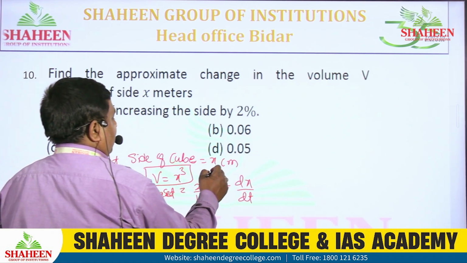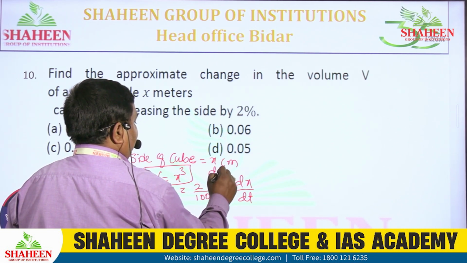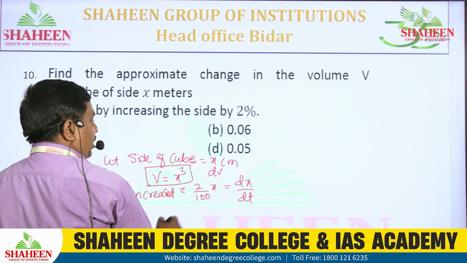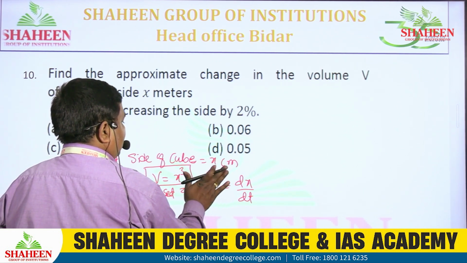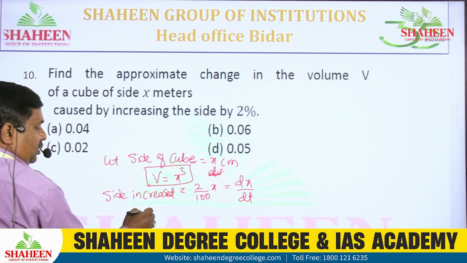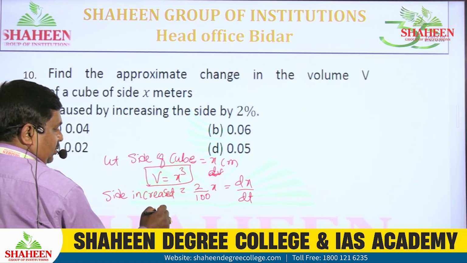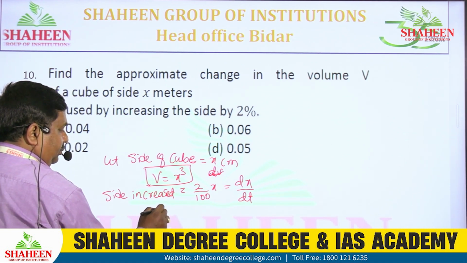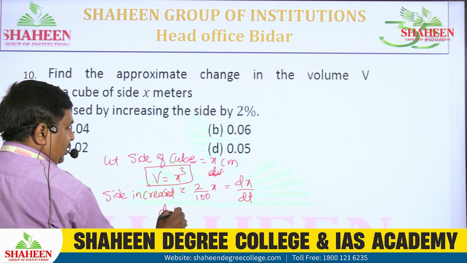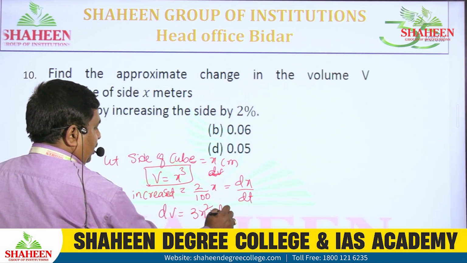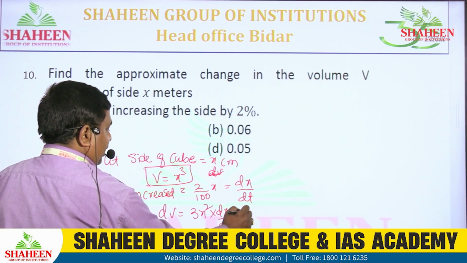Here dv, approximate change in the volume, is equal to 3x square into dx by dt.